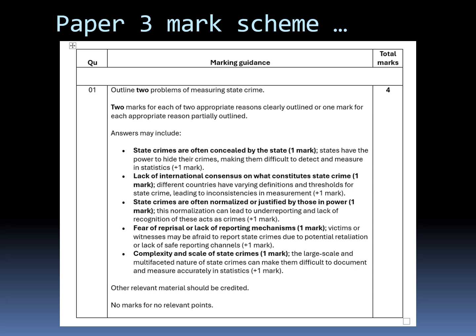So that might mean that people such as victims or witnesses might be afraid to report it, and as a result we do not get an accurate picture of that state crime occurring. And finally, complexity and the scale of state crime. This large scale and multifaceted nature of state crime can make them difficult to document and measure accurately in statistics.